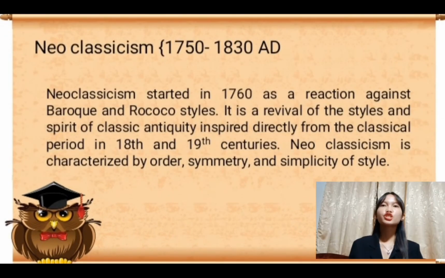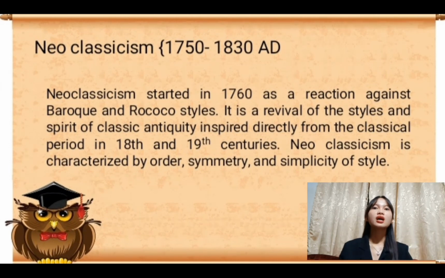Okay, so now let's proceed to Neoclassicism. Neoclassicism started in 1760 as a reaction against Baroque and Rococo styles. It is a revival of the styles and spirit of classical antiquity, inspired directly from the classical period in the 18th and 19th century.